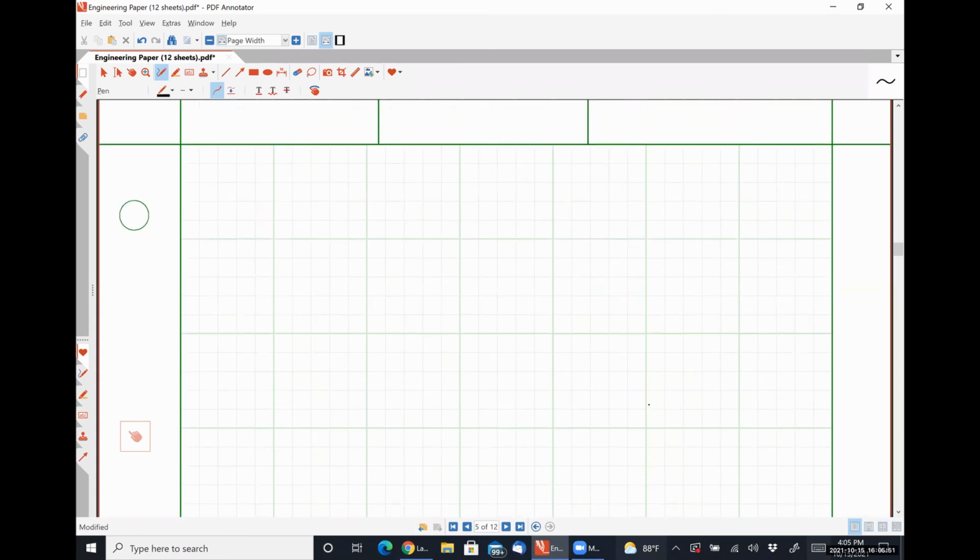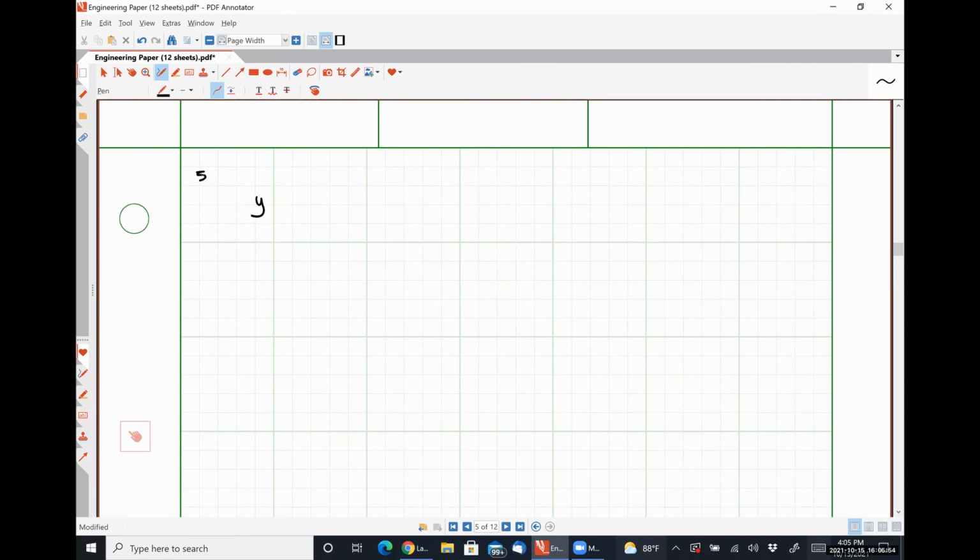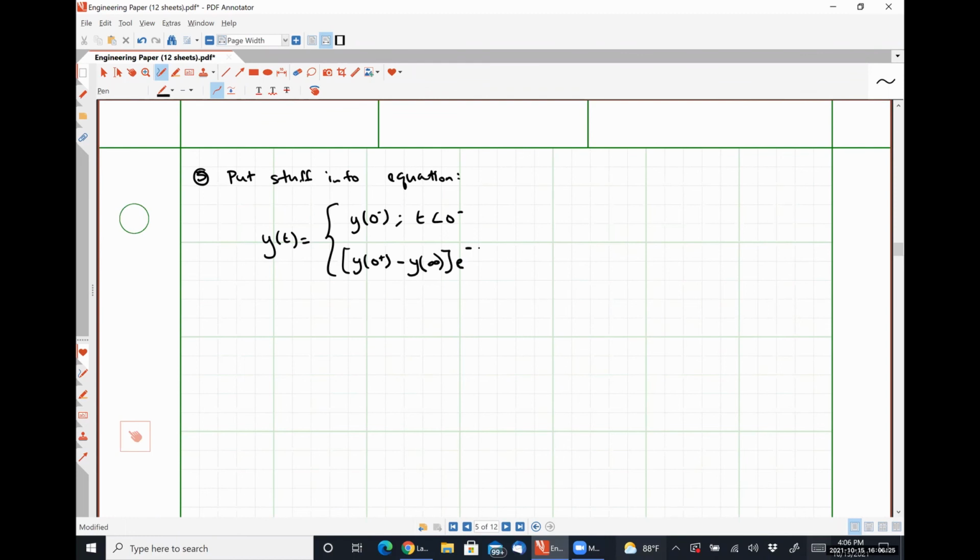All right. So our generic equation, as a reminder, is now y as a function of time is equal to y at 0 minus for t less than 0 minus, and y at 0 plus minus y at infinity times e to the minus t over tau plus y at infinity for t greater than or equal to 0 plus.